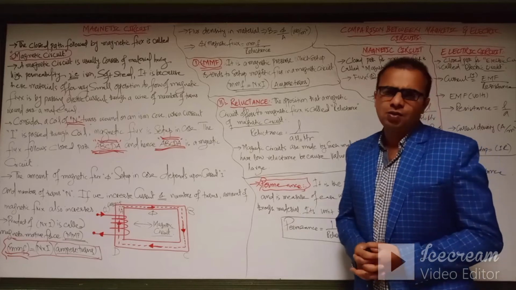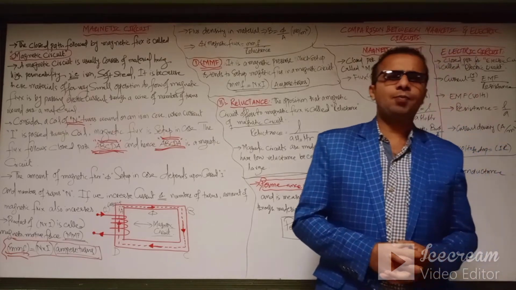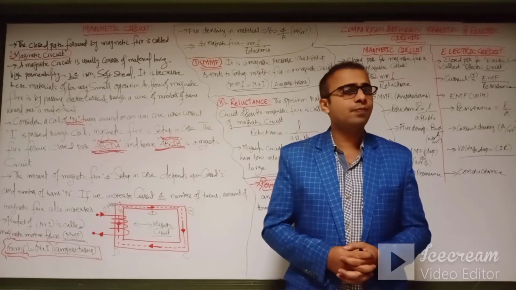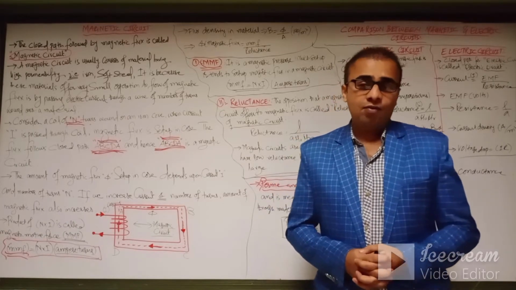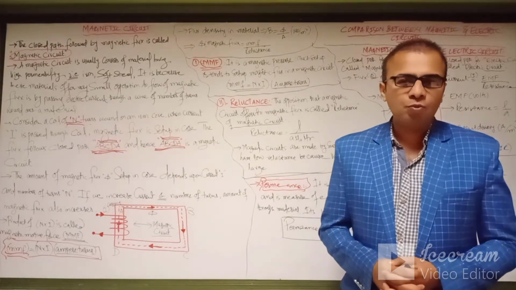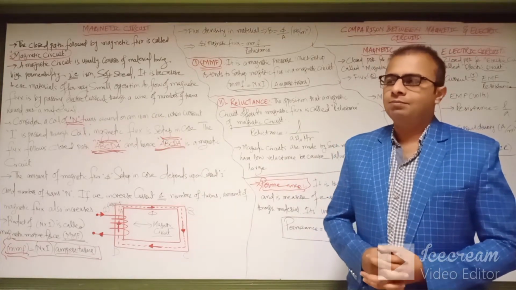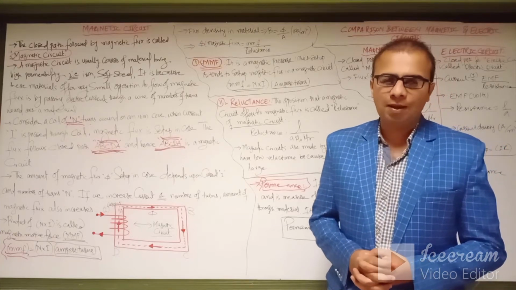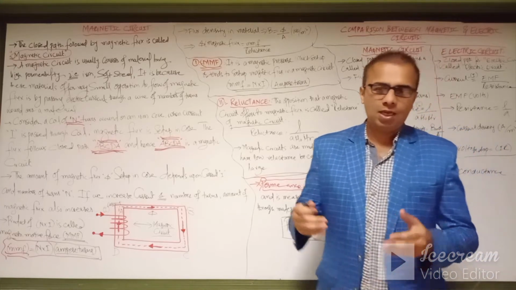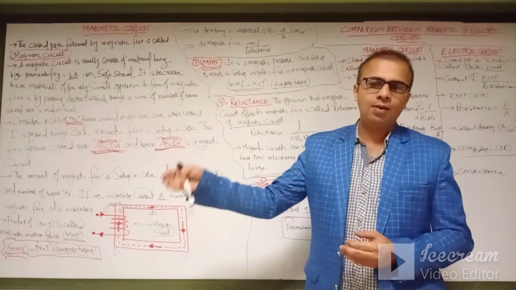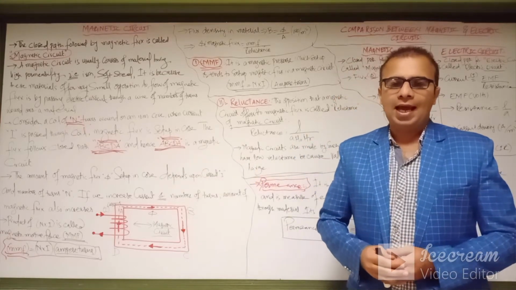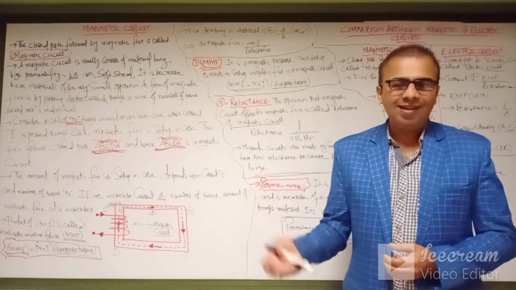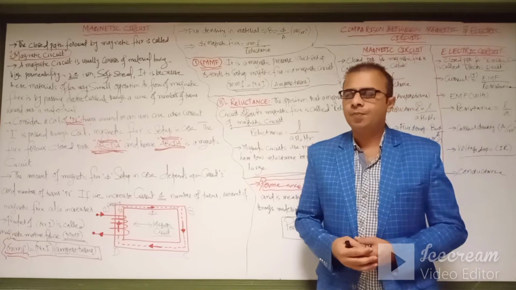Let's discuss some properties of magnets. Each and every magnet has two poles, the north pole and the south pole. If both are the same, the same poles repel each other, meaning N to N poles repel each other, and N to S, the opposite or unlike poles, attract each other.